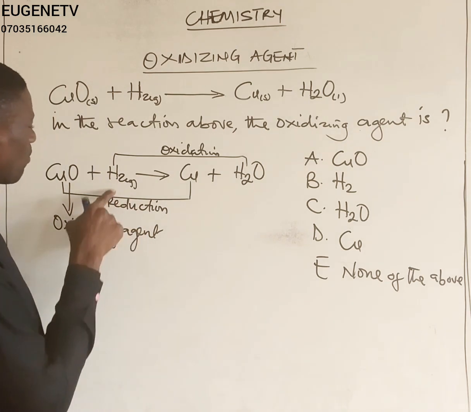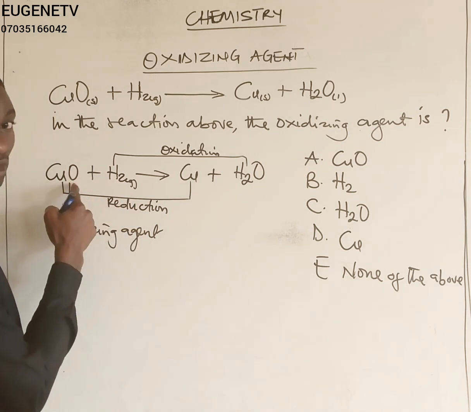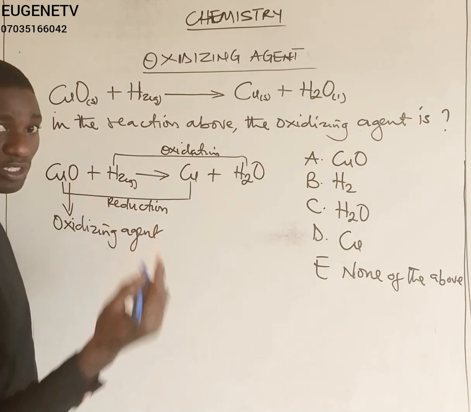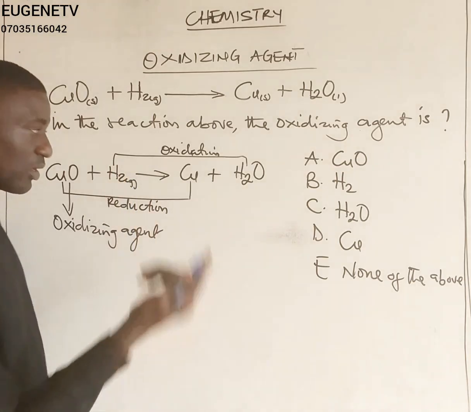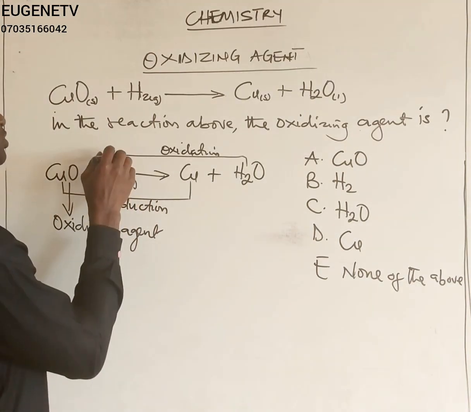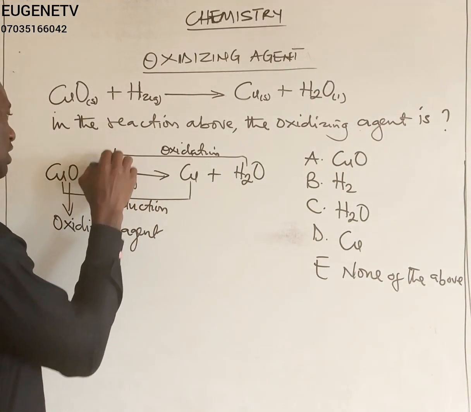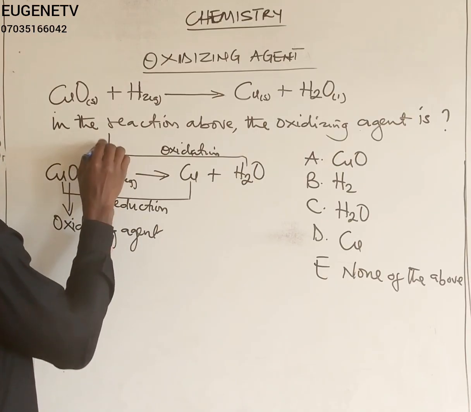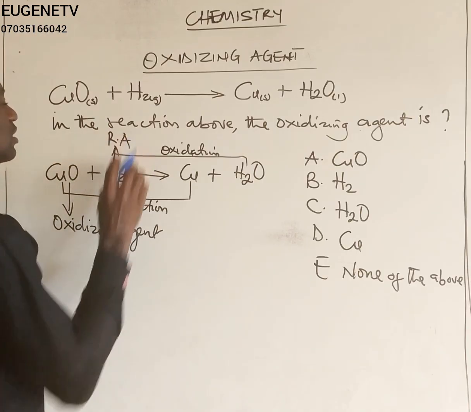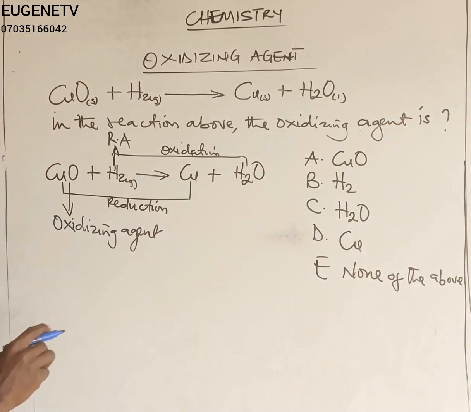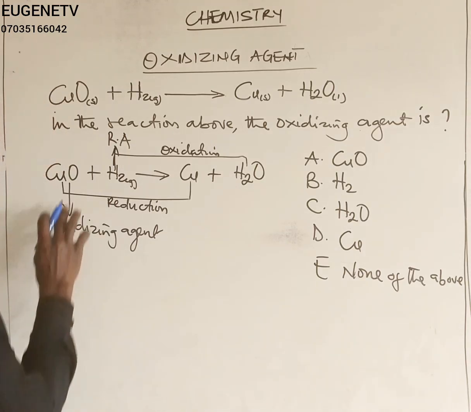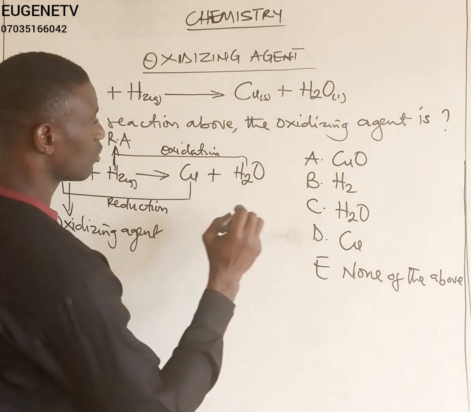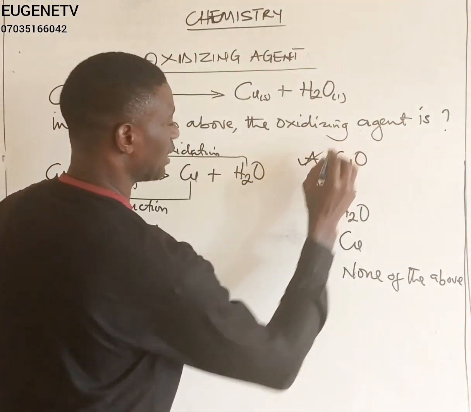Whereas hydrogen here has accepted oxygen from copper 2 oxide, and any substance that can accept or gain oxygen from another substance is known as reducing agent. So this is our reducing agent. Hydrogen is our reducing agent. Permit me, I am going to use RA to mean reducing agent. So from our explanation here, the correct answer is copper 2 oxide, option letter A.